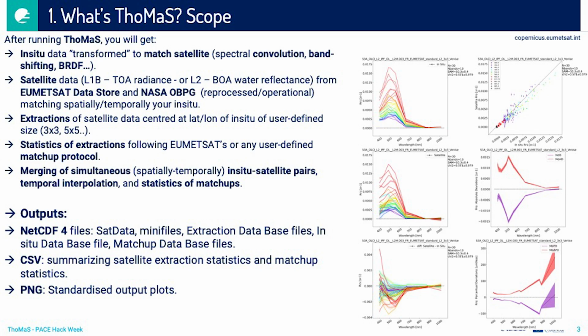The NetCDF4 format also allows storing more specific, very detailed information, and then there are CSVs for each step summarizing the most relevant information stored in NetCDF4. These NetCDF4s are specific formats defined in this toolkit, like a matchup database, or an extraction database containing only the satellite information.